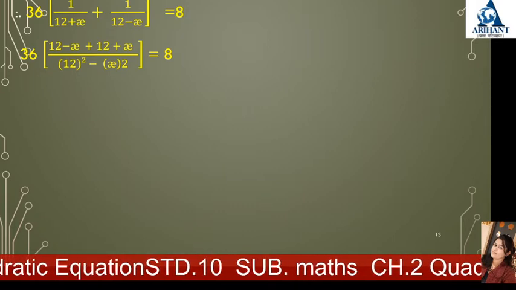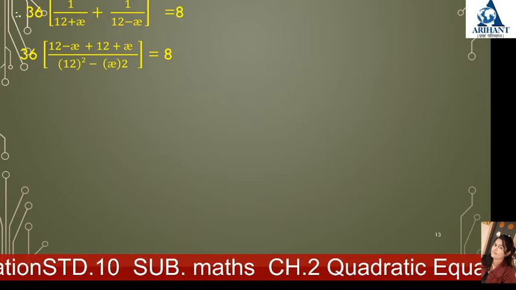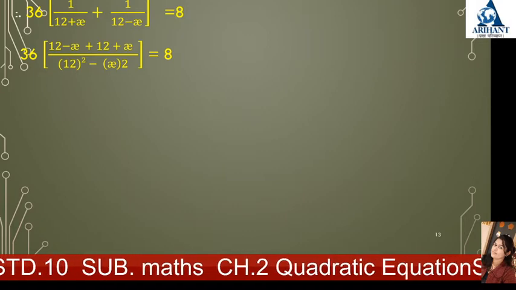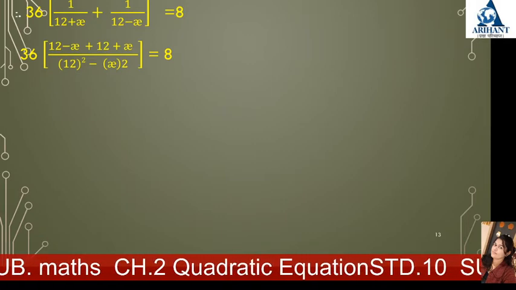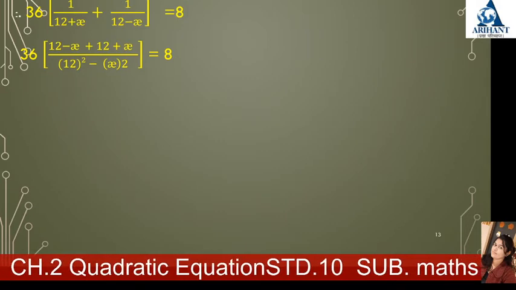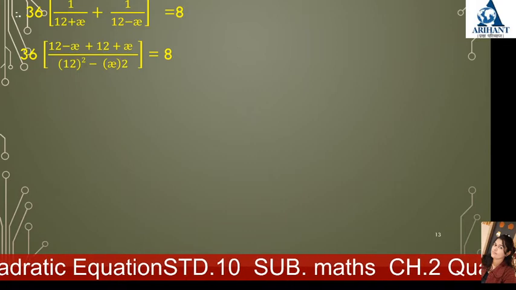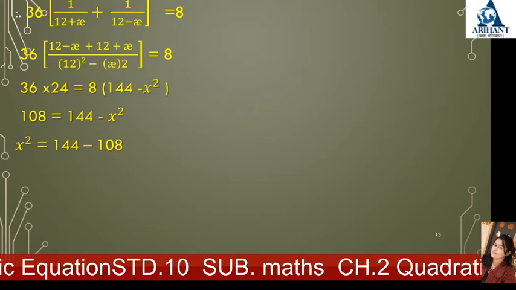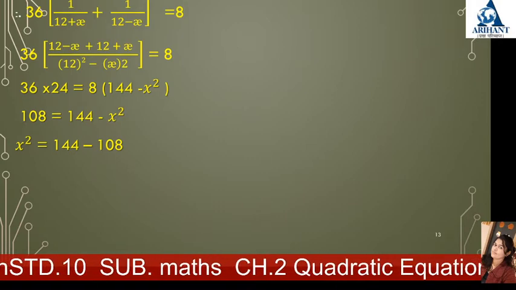Then 36 times, simplify, just cross multiplication of the bracket takes place over here. So 12 minus x plus 12 plus x upon 12 square minus x square is equal to 8. Just simple cross multiplication took place over there.